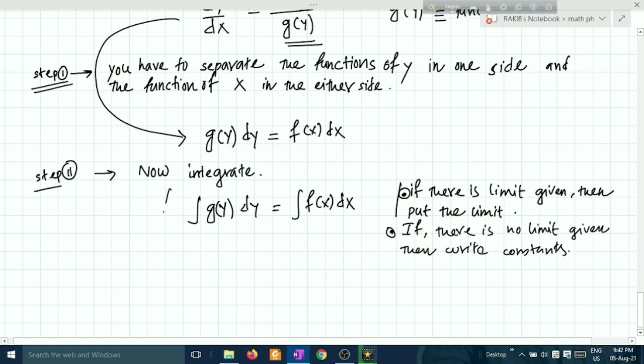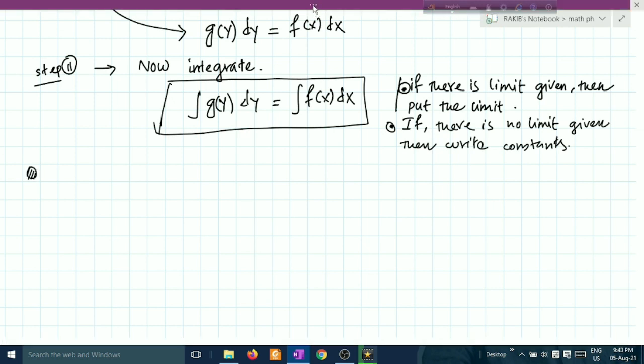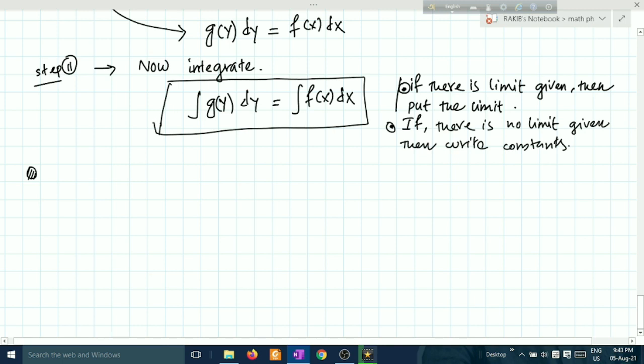This is the basic formulation of the separation of variable method. It is one of the easiest possible ways of solving a differential equation. Therefore let's take an example of the separation of variable method.